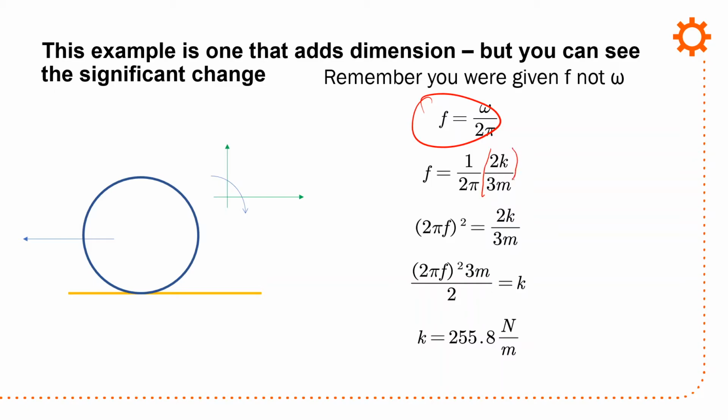That really should be to the 1/2, and the next line is correct: 2 pi f quantity squared is equal to 2k over 3m. So you do all of this, and you end up with this term right here, k equals (2 pi f) squared times 3m over 2, which is 255.8 newtons per meter.